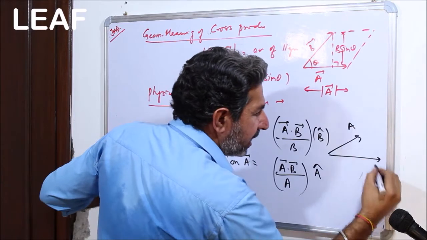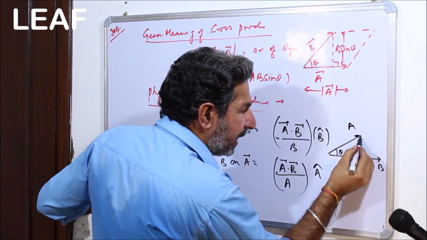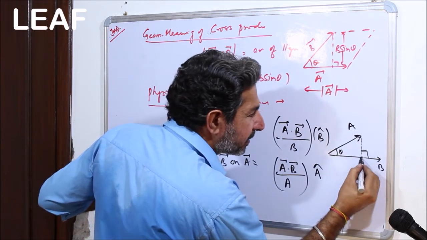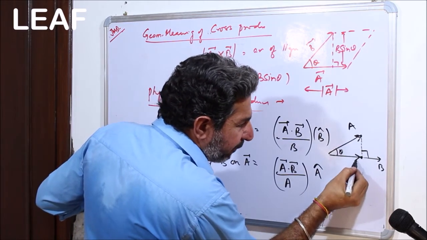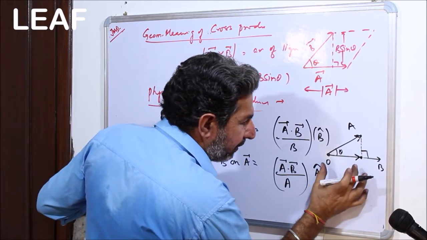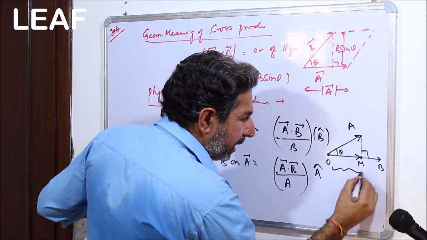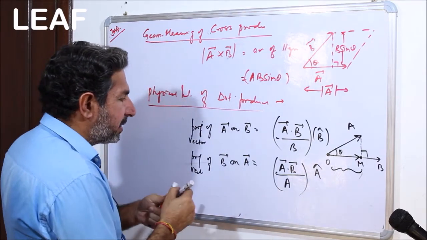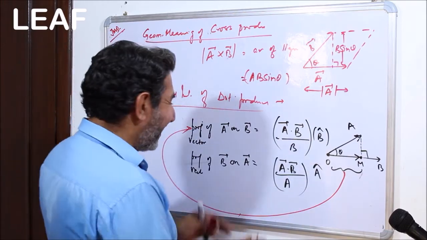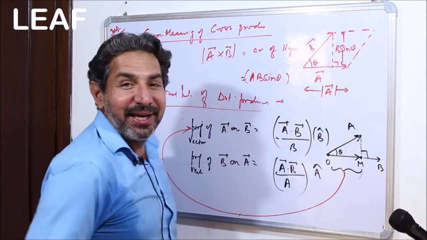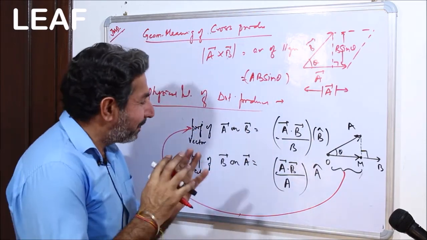And how do we normally take it? This is A, this is B, the angle is theta, and the projection of A on B is this: draw a perpendicular from A on B, then the foot of the perpendicular, starting from the beginning O, let us name this point M. Then OM is the projection vector of A on B. Clear?